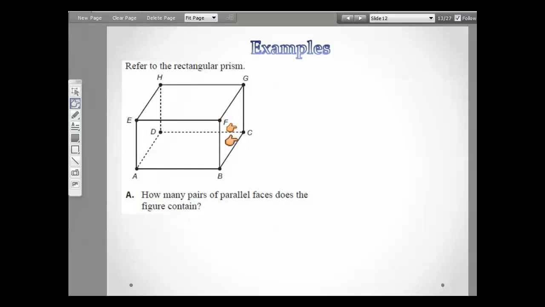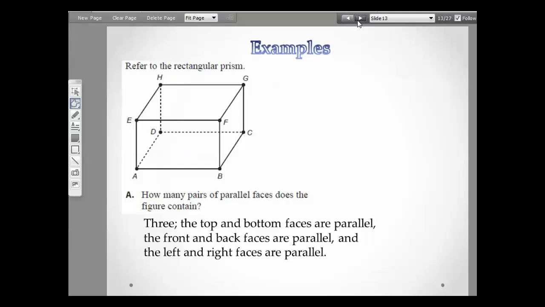Those are parallel, so that's a second set. And then you've got your back face, and then you've got your front. Those are parallel, so that's another set. So it looks like we have 3 pairs. The top and bottom faces are parallel, the front and back faces are parallel, and the left and right faces are parallel.